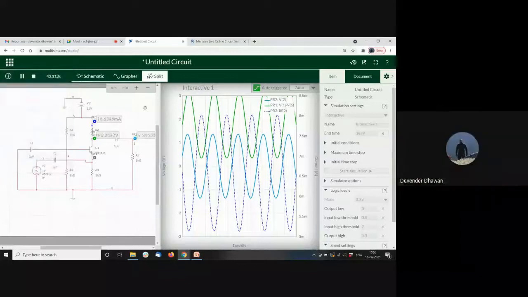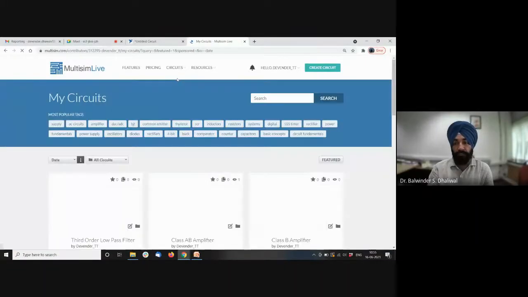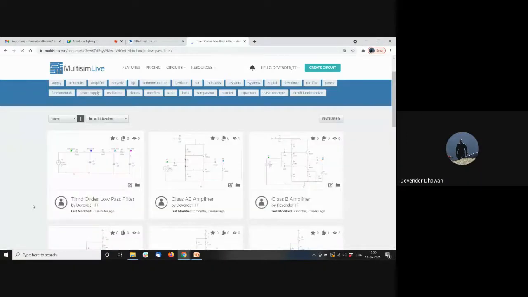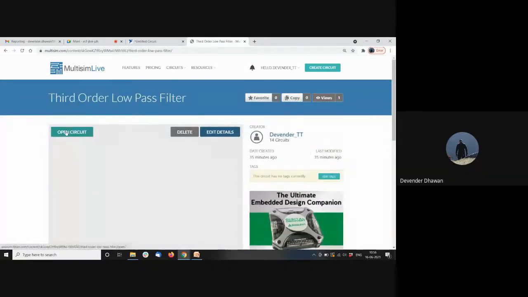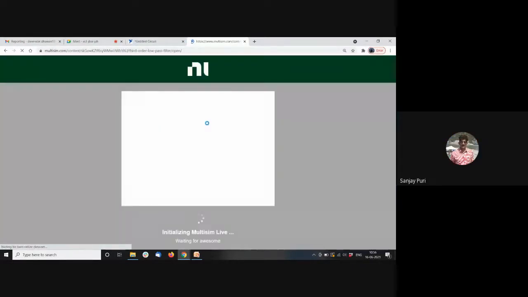One circuit is already running here. I will go under my circuits here, and you'll see we use this third order low pass filter. We just made it a few minutes ago. So I am opening the circuit.